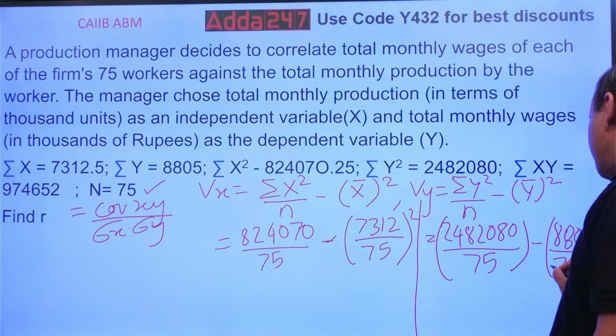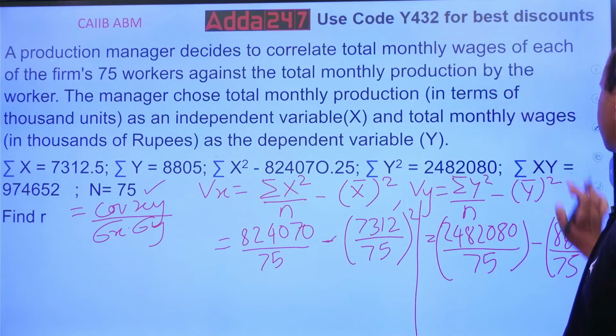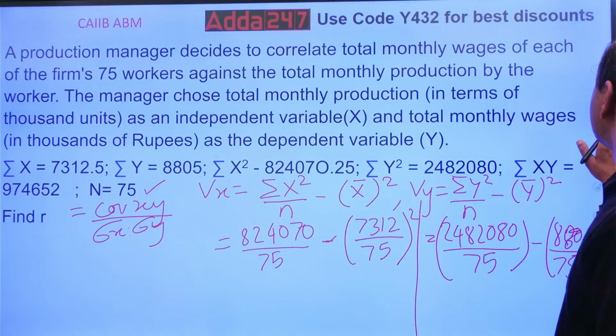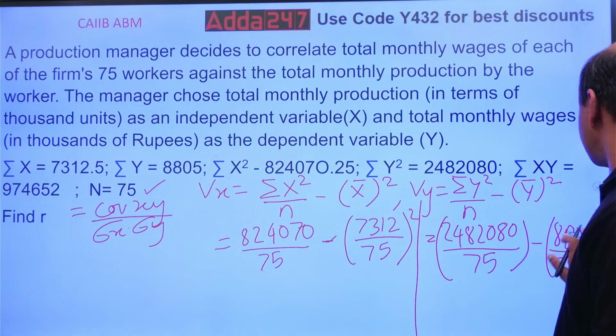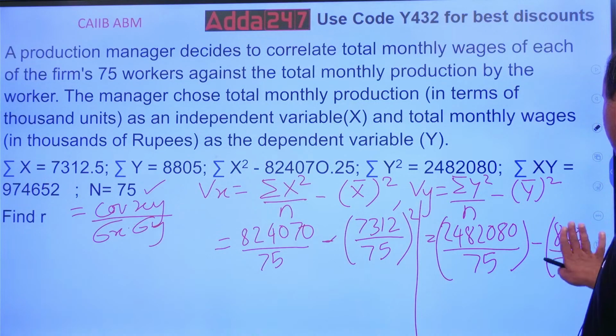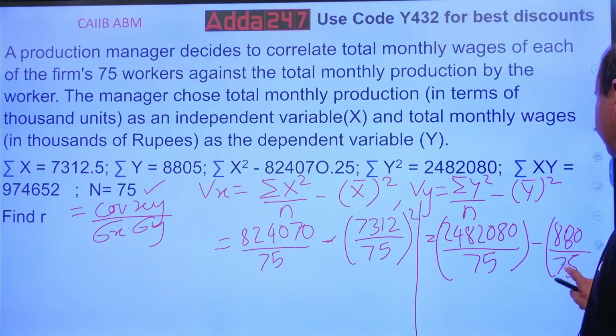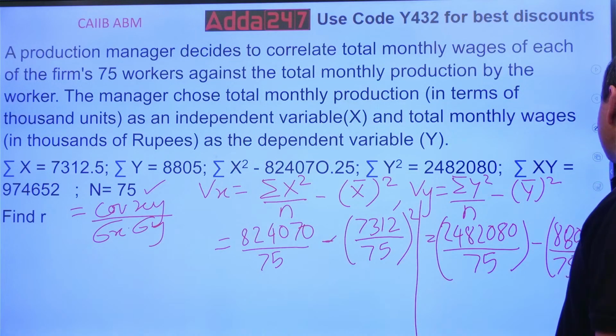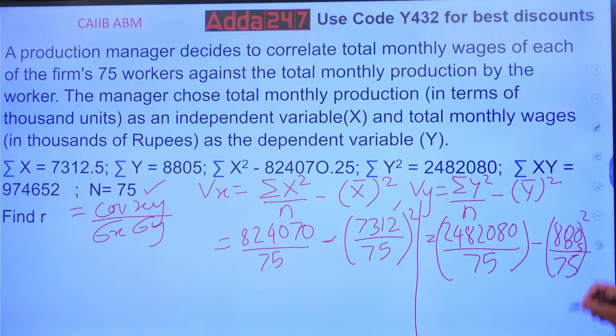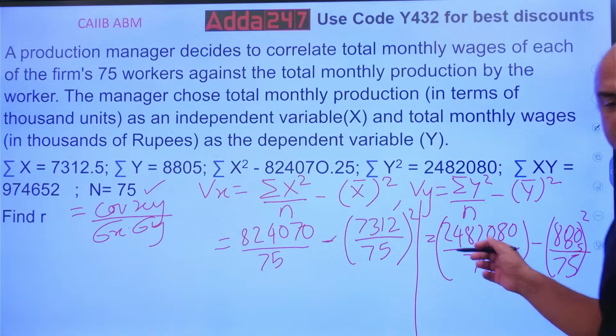I'll write it over here. 8805, the whole square. Now you understand this. So 8805 upon 75, the whole square. Find the answer for this.